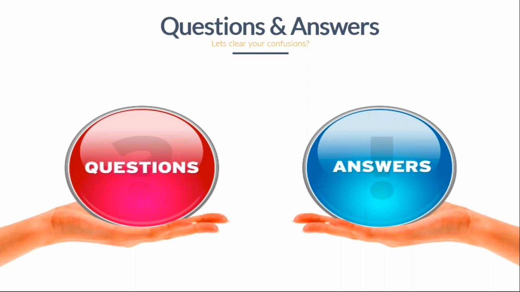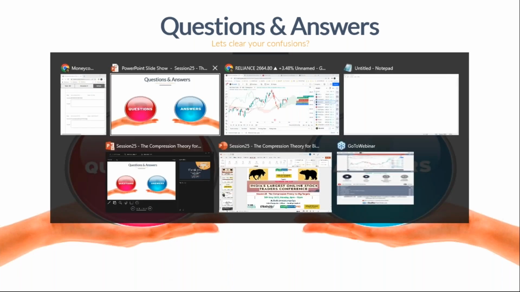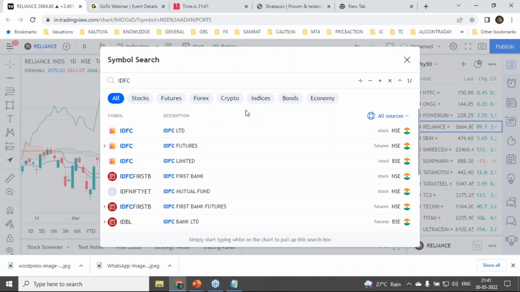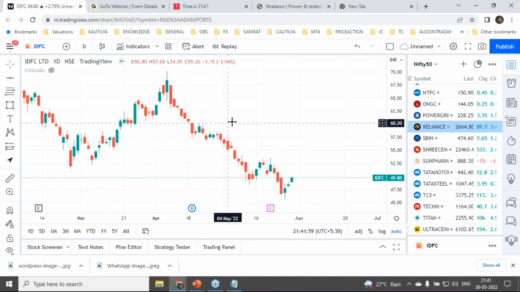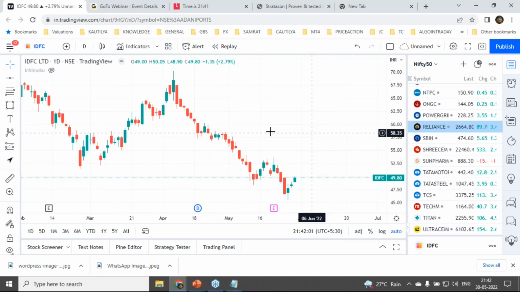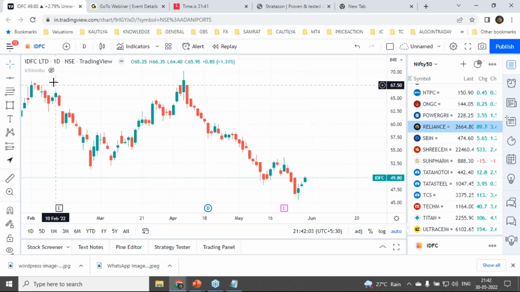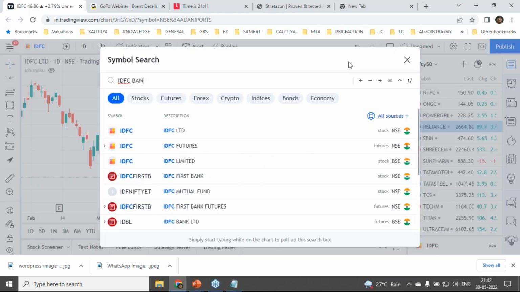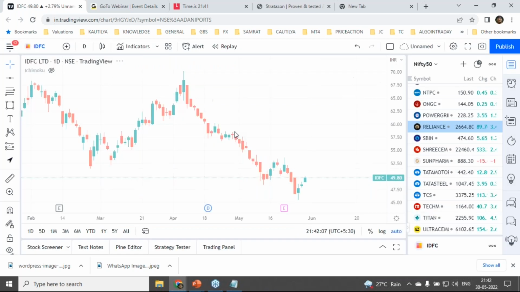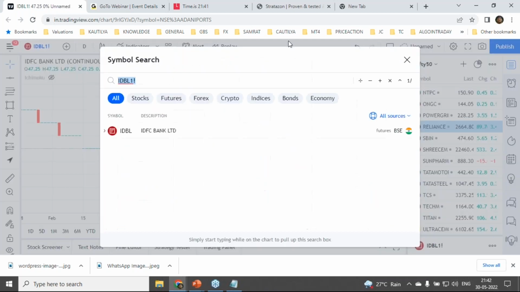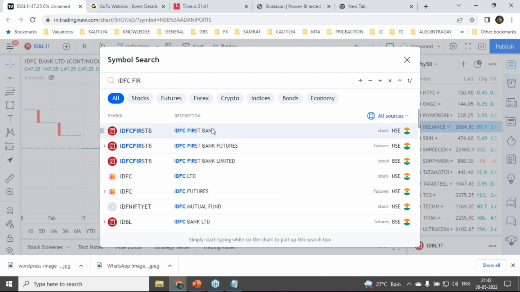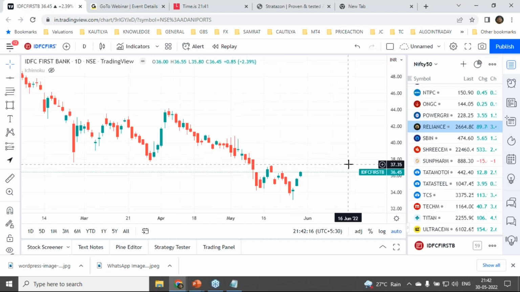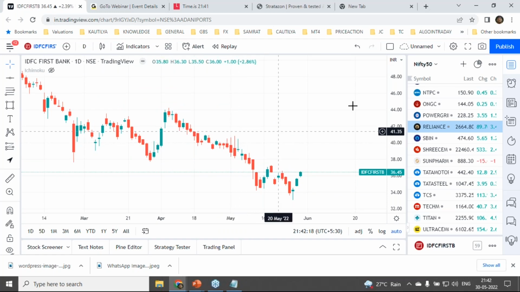Okay, Dr. Reddy says, can you see IDFC and IDFC First Bank? I don't mind seeing it. I hope you are all right this time. IDFC Bank. Ichimoku, please disappear. No, that is not compression. No, that is also not compression.